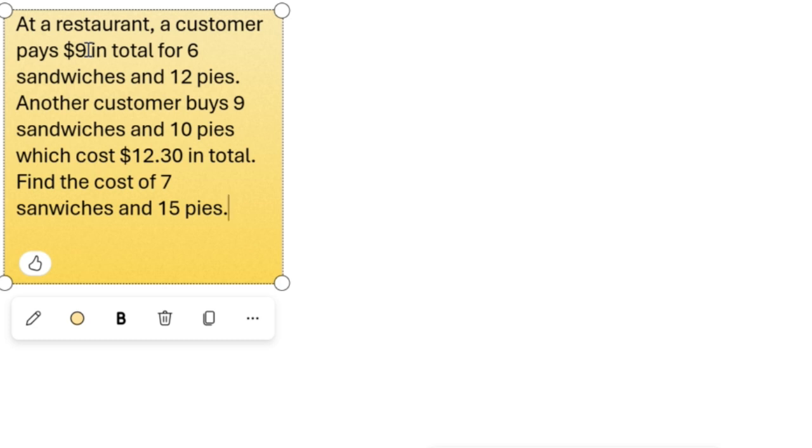At a restaurant, a customer pays $9 in total for 6 sandwiches and 12 pies. Another customer buys 9 sandwiches and 10 pies, which costs $12.30 in total. So find the cost of 7 sandwiches and 15 pies. All we need to do is to write equations out of this.